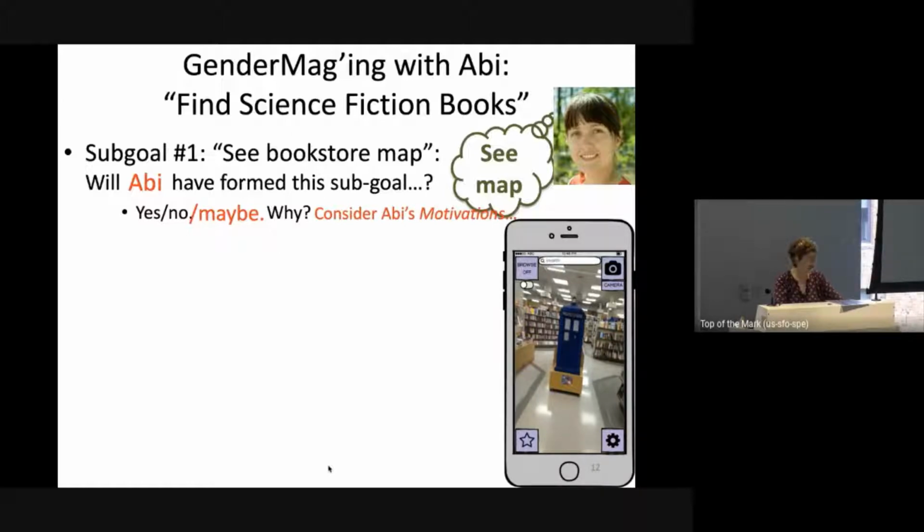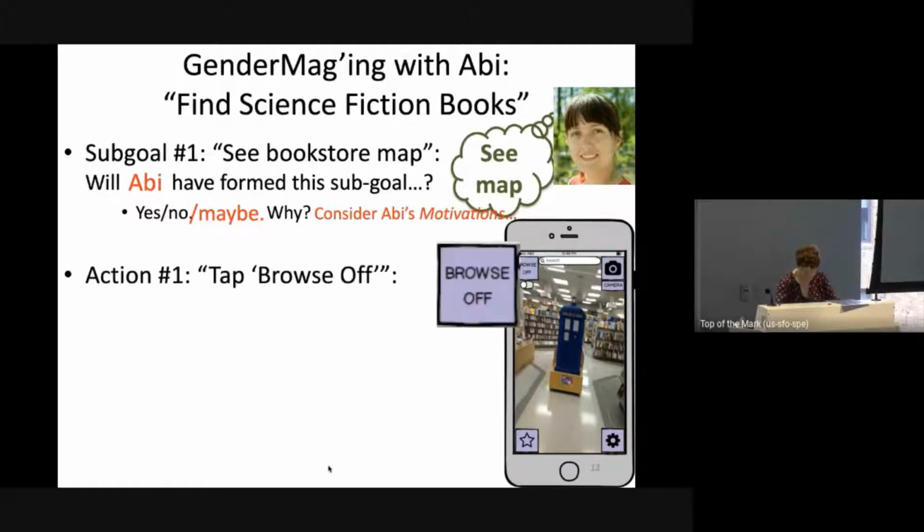After we write all that down, even if Abby didn't have that sub-goal before, now we make her have it. A persona is a fake person, so we do get to shove things into their heads if we want to. So we push that into her head, and then we say, if she had that sub-goal, what actions happen in the fingers? What actions do we want Abby to take?